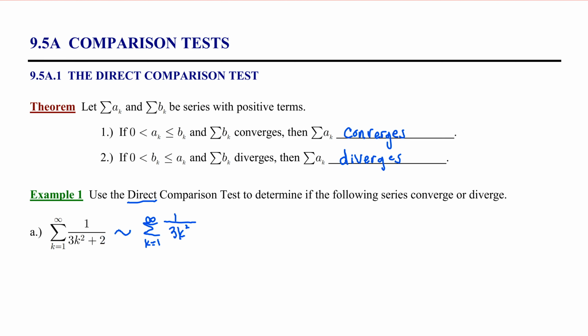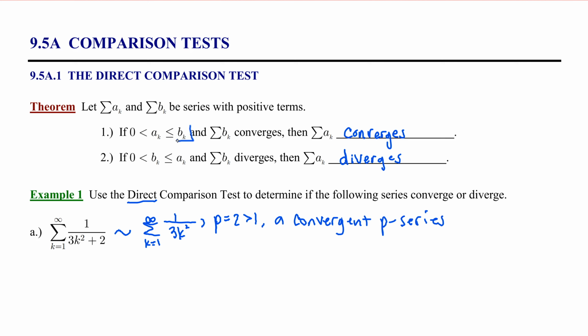Now, this is a good comparison because we know the type of series we're dealing with. This is a p-series. P is equal to 2. Since p is greater than 1, we have a convergent p-series.